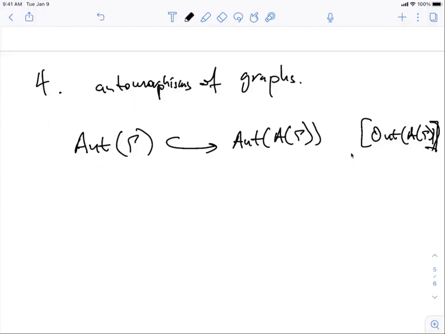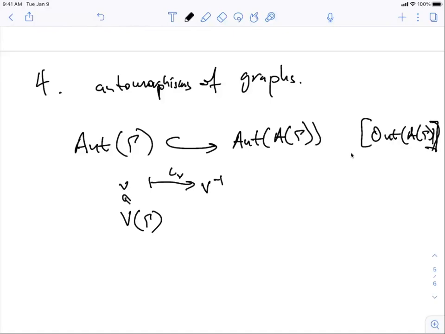inversion. So if you have any vertex v in V of gamma, then you can send it to v inverse. Let's call this inversion of v, and this inversion of v extends to an automorphism of the right-angled Artin group A of gamma.